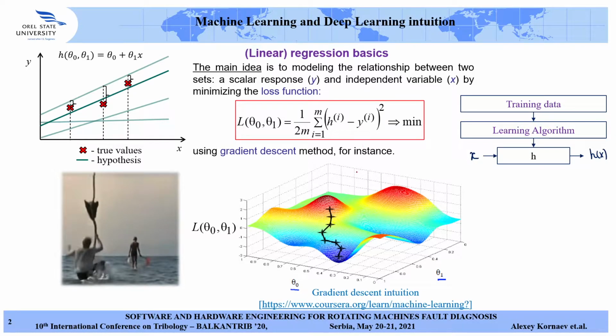And usually we use some kind of gradient descent method to try to find the theta parameters, in this case two parameters in this linear equation, that best describe the data that we study. As a result, we have a program that allows us to predict new values.